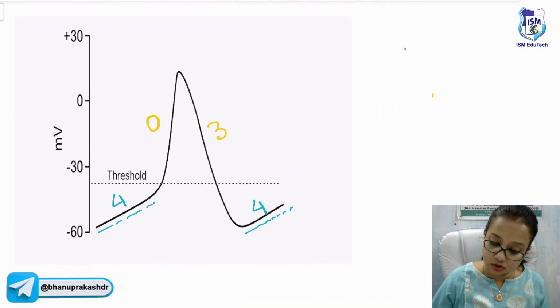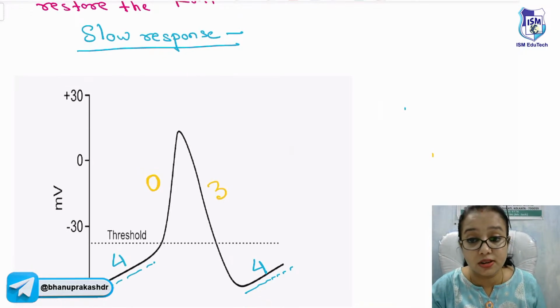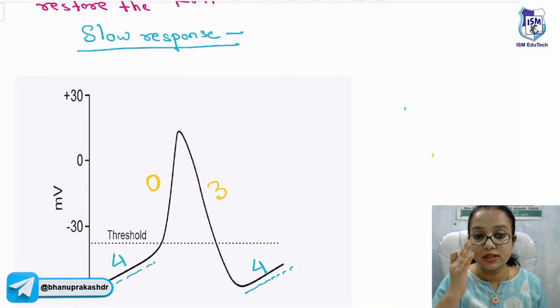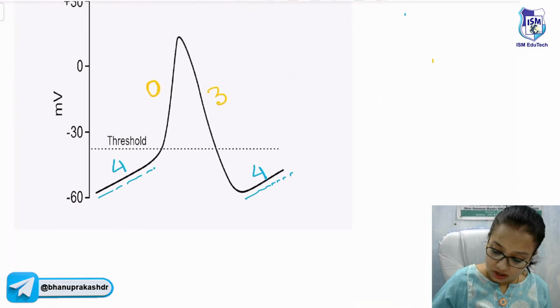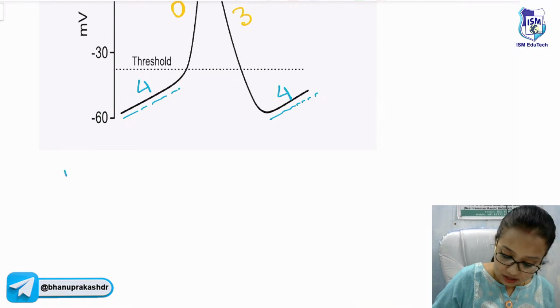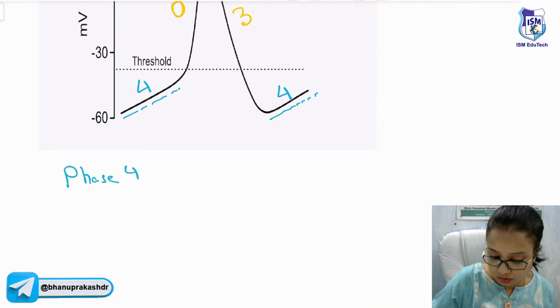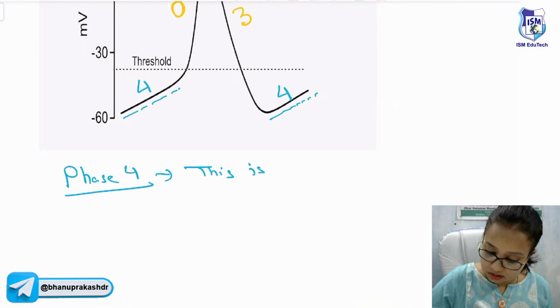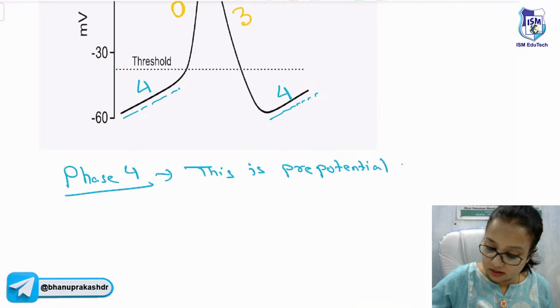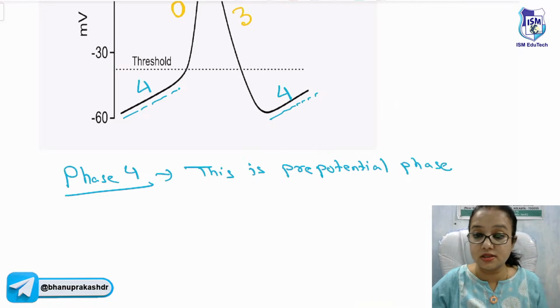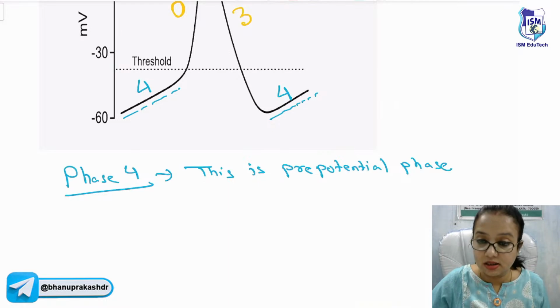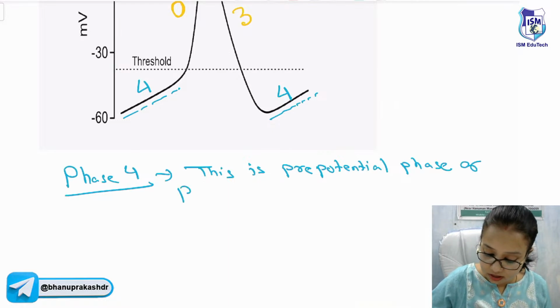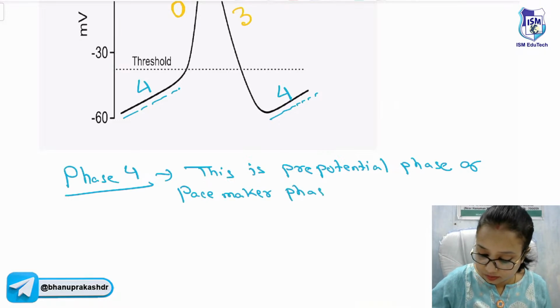Now here, in context to this slow response, we know slow responses are manifested or seen in the nodal tissue, that is the SA node and the AV node. Now we will start with phase 4. This is the pre-potential phase, or the pacemaker phase.